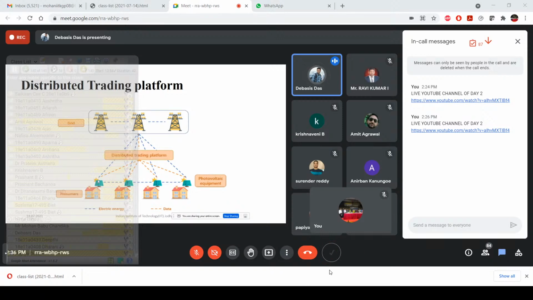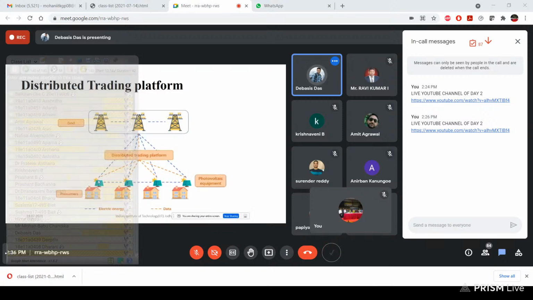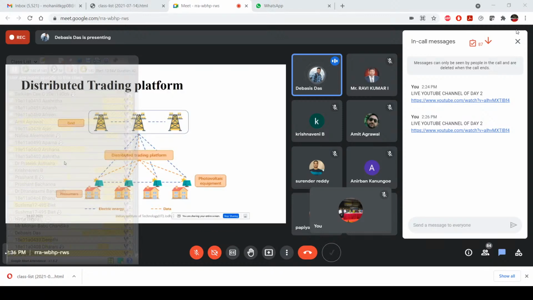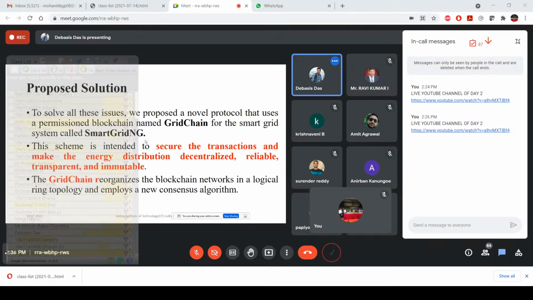Then all these things are calculated, and inside the smart meter we create the blockchain type of concept. Based on this value, the blockchain network creates one block and connects to all other nodes, creating the distributed environment, and also satisfies all the requirements: decentralization, transparency, immutability.